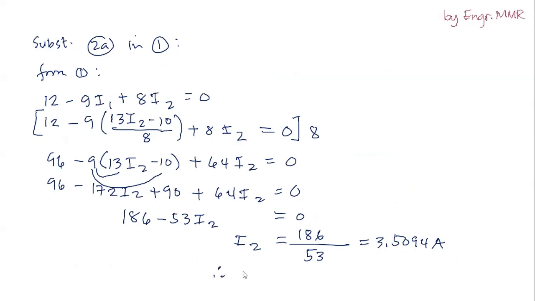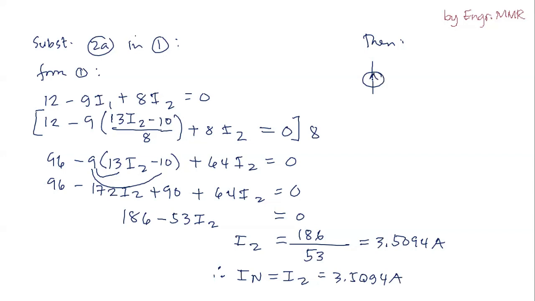Then IN is equal to I2, which is 3.5094 amperes. Okay, then we have to draw the Norton equivalent circuit.